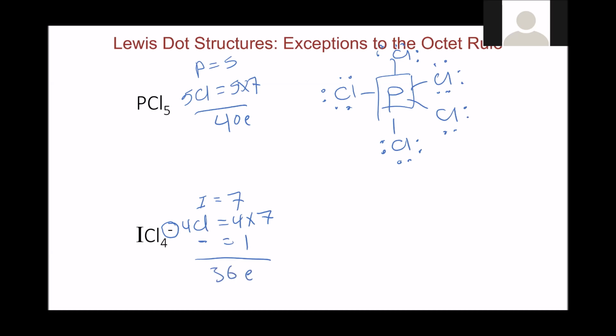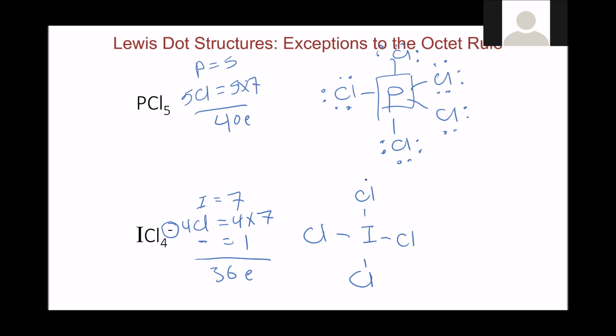We draw the Lewis structure, put the least electronegative iodine in the middle, and then put the chlorine atoms around it with at least a single bond. And then start distributing the valence electrons to satisfy the octet rule for the outer chlorine atoms first.